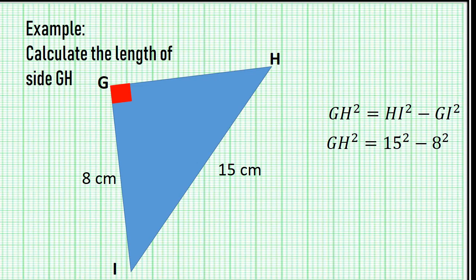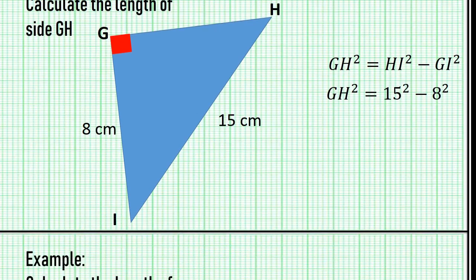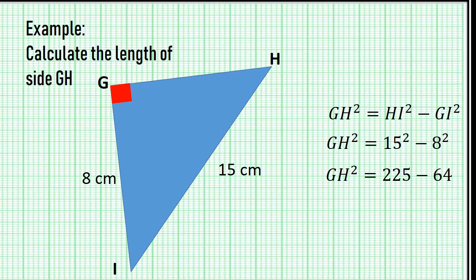If we plug in our values, GH squared is equal to 15 squared minus 8 squared. So GH squared is equal to 225 minus 64.